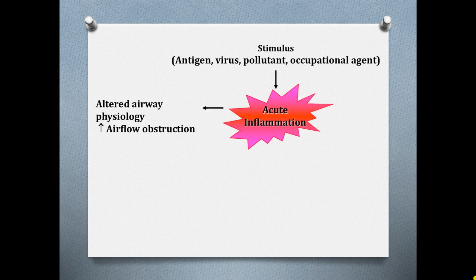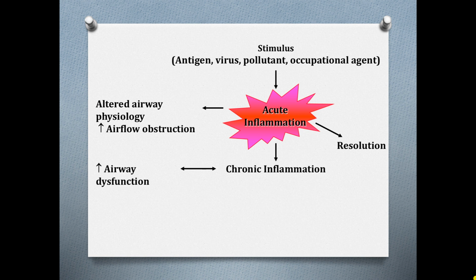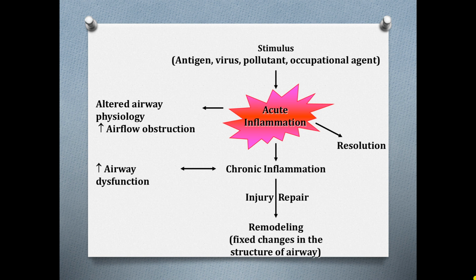It starts the acute inflammation, altered airway pathophysiology, increased airway obstruction, and this acute inflammation resolves or it goes into the phase of chronic inflammation, which will further enhance the airway dysfunction, and over a period of time this chronic inflammatory injury will repair and there is remodeling of the airway and long term structural and functional changes in the airway occur which make the airway permanently disabled. Permanently altered lung function will be there.